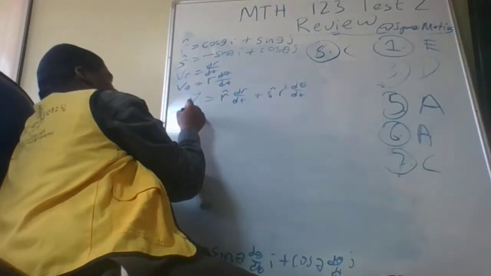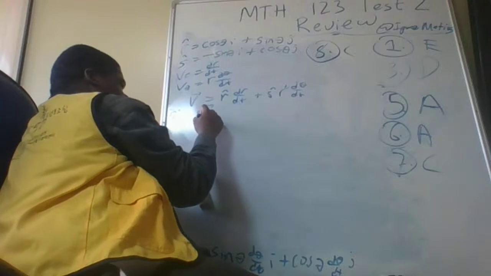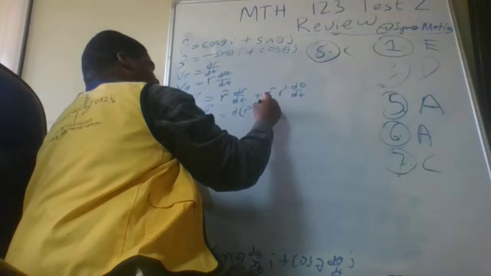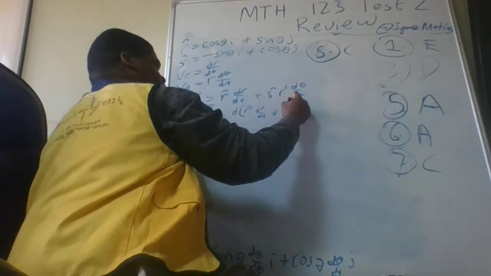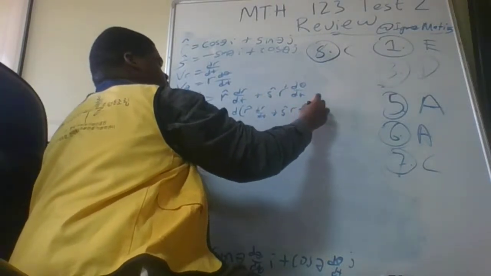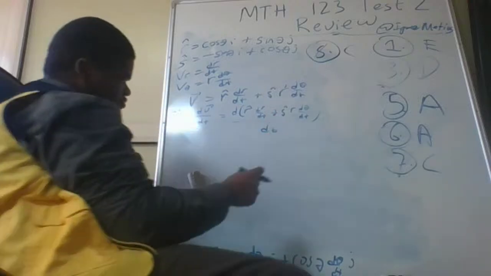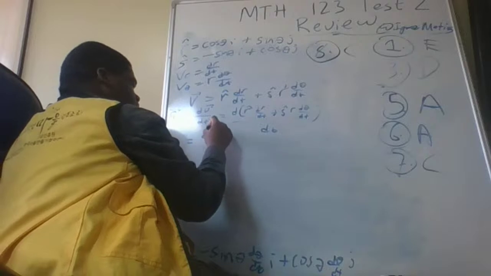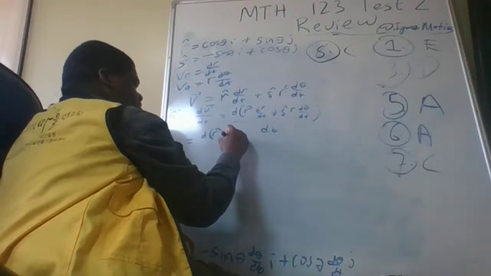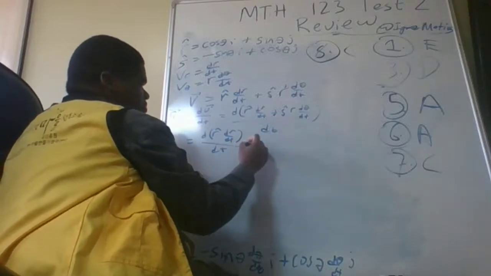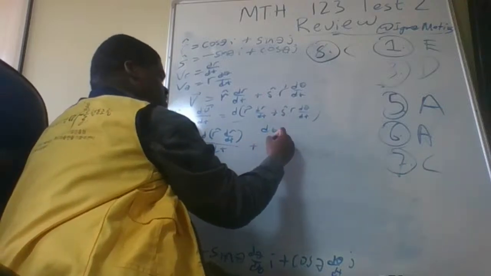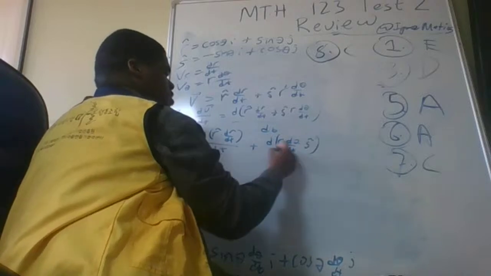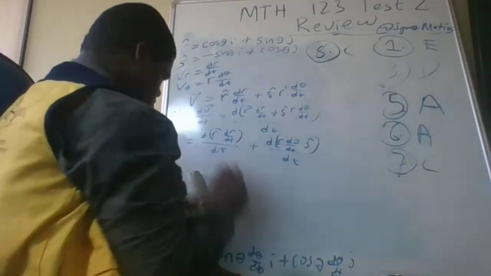So our acceleration is going to equal our derivative of the velocity vector with respect to time, which is equal to the derivative of r dr dt plus s r d theta dt with respect to time. This is equal to the derivative of r dr dt with respect to time plus the derivative of r d theta dt s with respect to time.